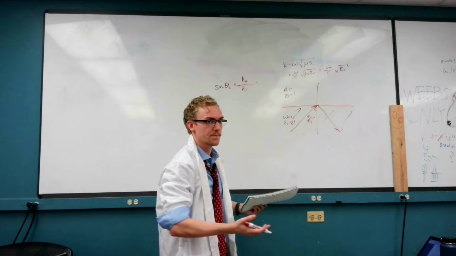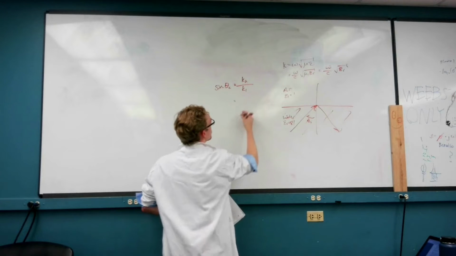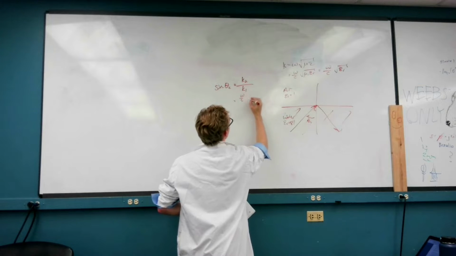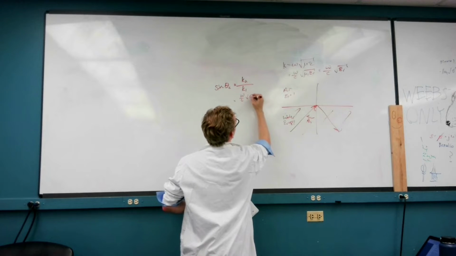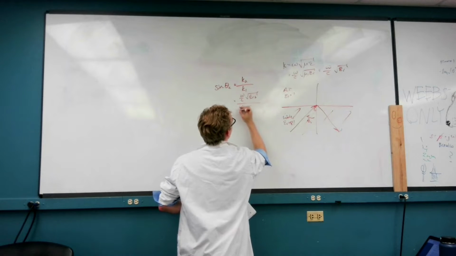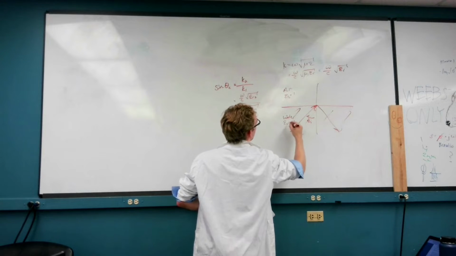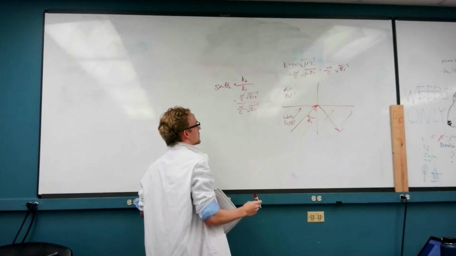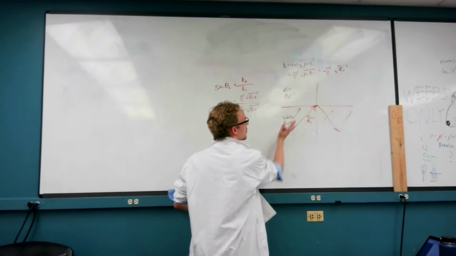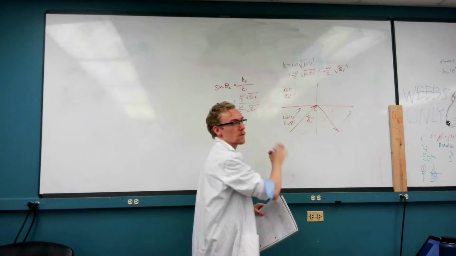Right? So in this case, we have K2 over K1, which will be omega over c times square root epsilon R2 divided by omega over c square root epsilon R1. Since our wave starts propagating in water, that will be epsilon R1.